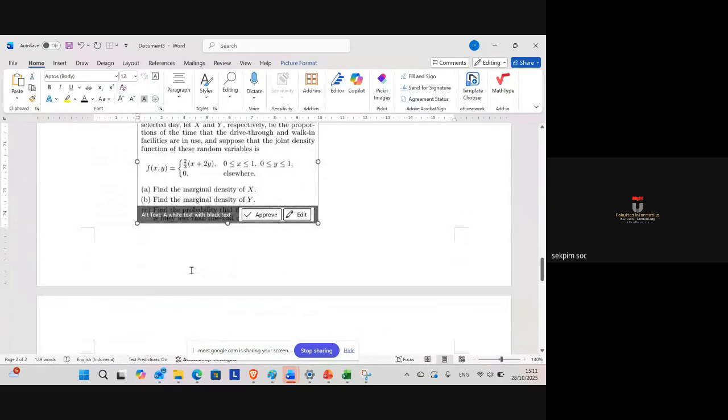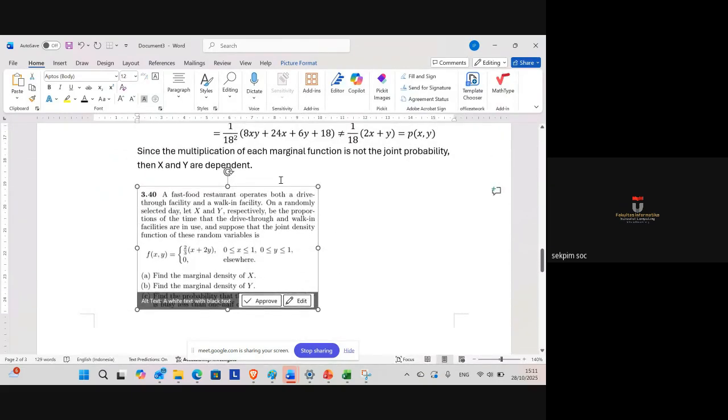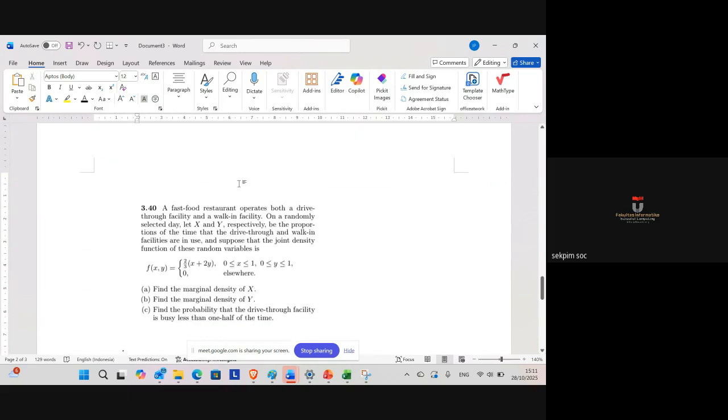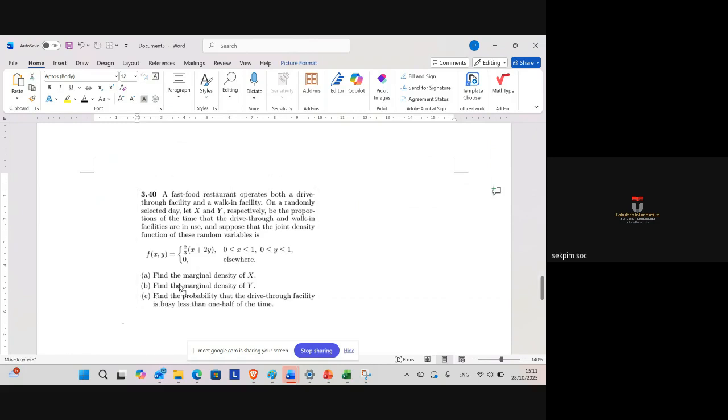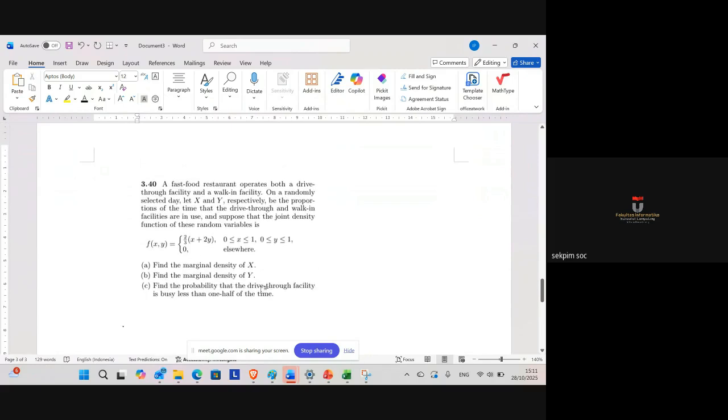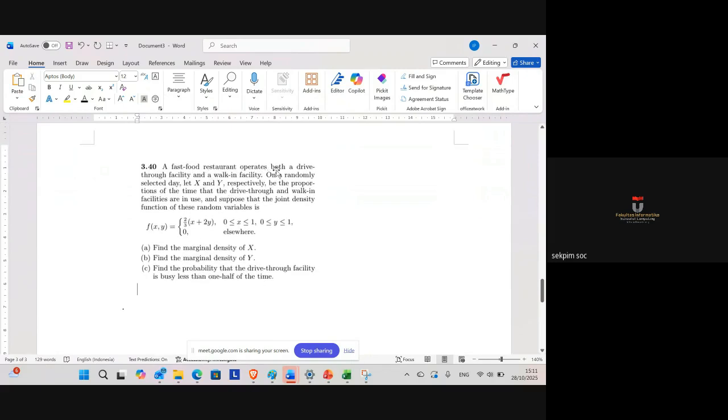So the problem 3.40. A fast food restaurant operates both a drive-through facility and a walk-in facility. On a randomly selected day, let x and y respectively be the proportion of time.